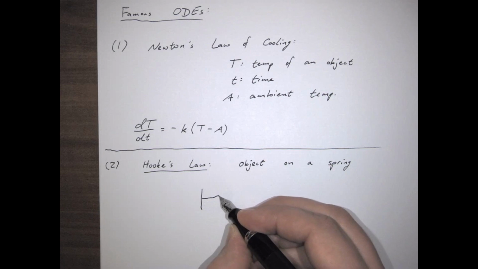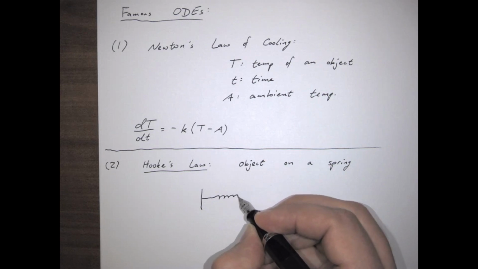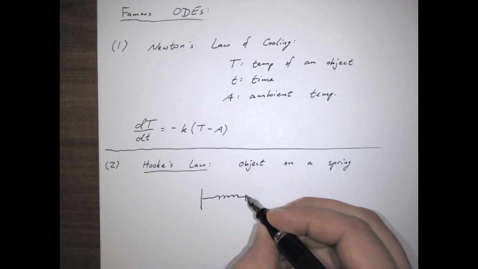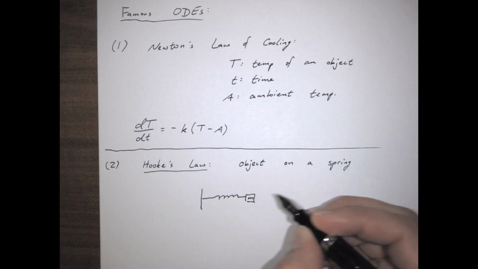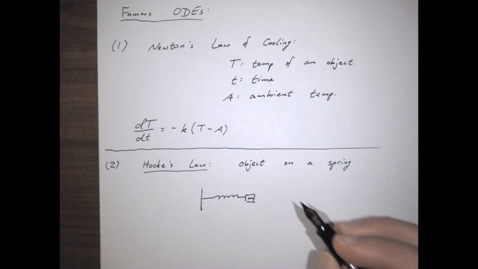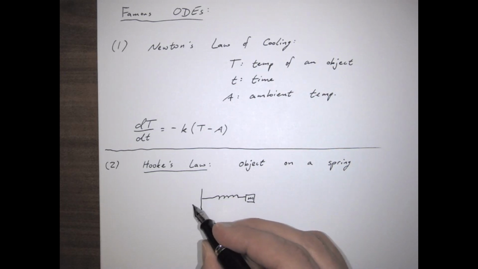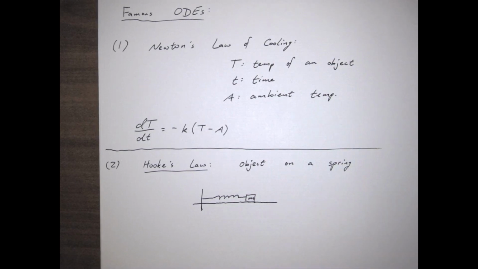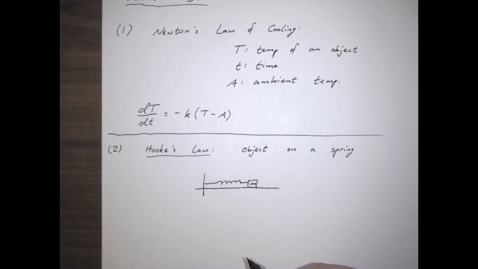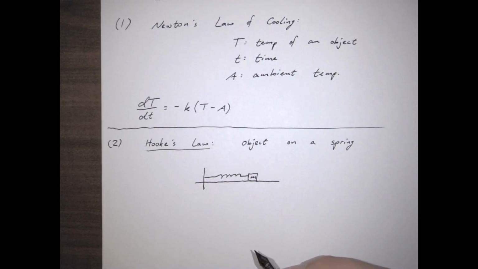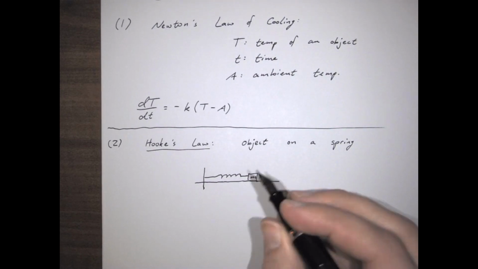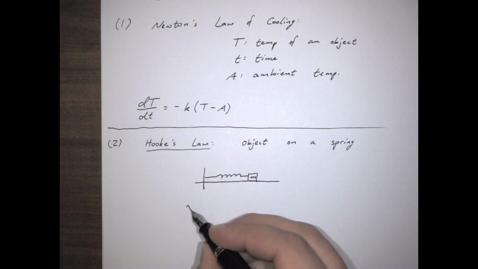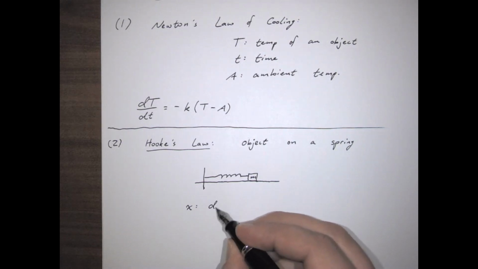So we got a little spring here, and then little object m here, and let's just say it's on a frictionless surface here, and then x will be how far it is from its natural point, from its equilibrium. So x will represent the distance.